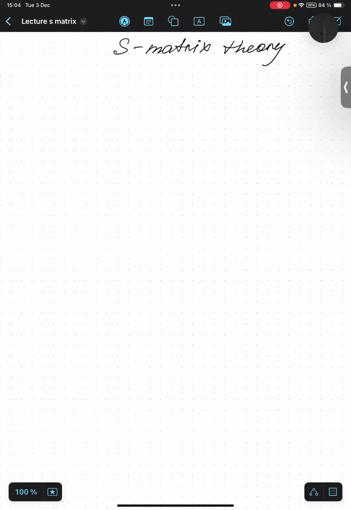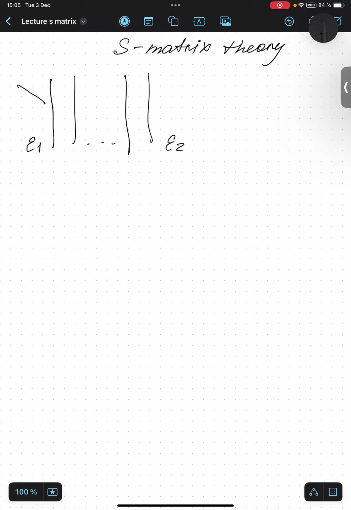Well, usually it is a very powerful tool when you consider some scattering problem. For example, you have maybe layered systems, permittivity from one side epsilon1, from other side epsilon2.